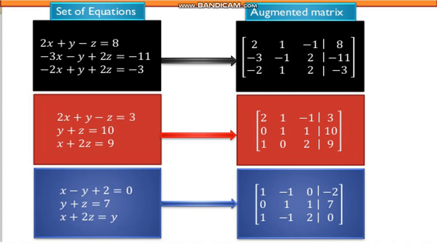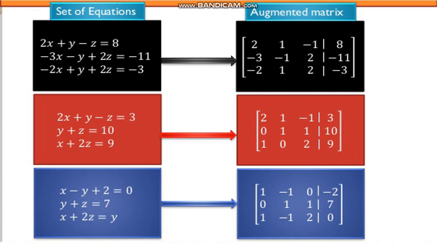Let's suppose on the left side there are three equations. We take the coefficients. In the first equation, the coefficient of x is 2, the coefficient of y is 1, the coefficient of z is -1, and 8 is written on the right side. Similarly, in the second equation, we take the coefficient of x -3, of y -1, of z 2, and -11 on the right side.